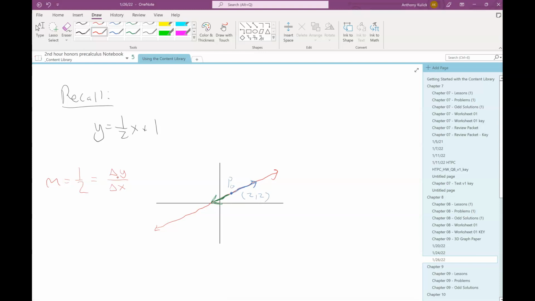You guys remember that from way back in middle school or some other time? So my direction vector for my vector equation for my line, I'm going to use v to represent that. And my direction vector would be the vector 2, 1 in this case. Why would it be 2, 1?